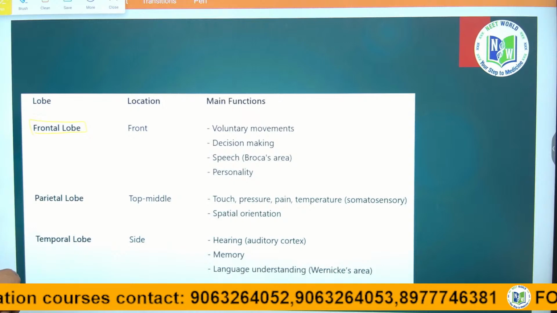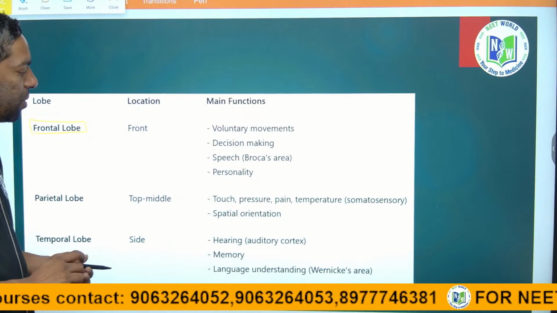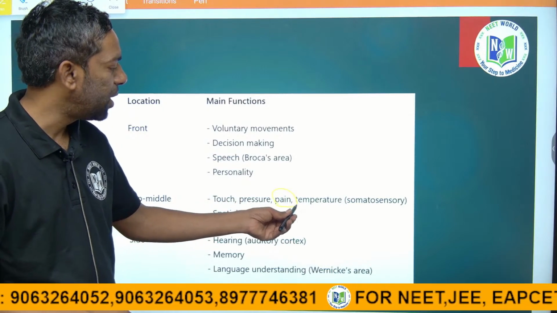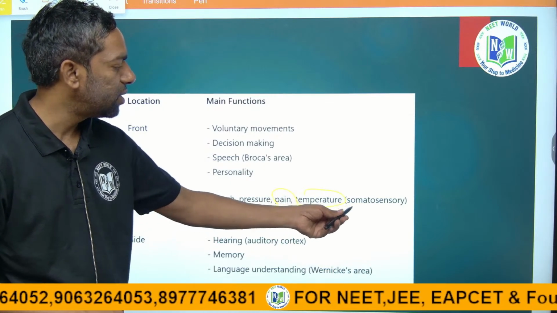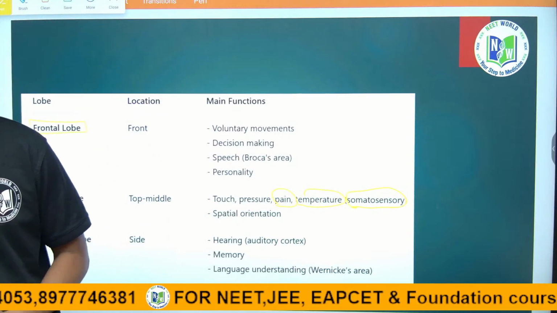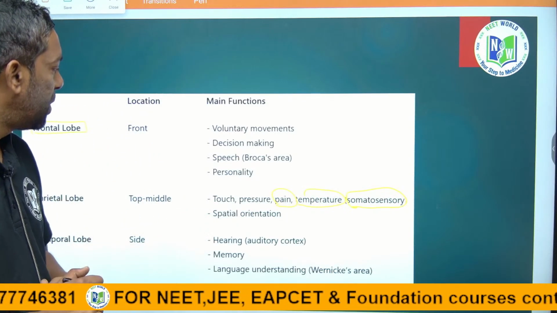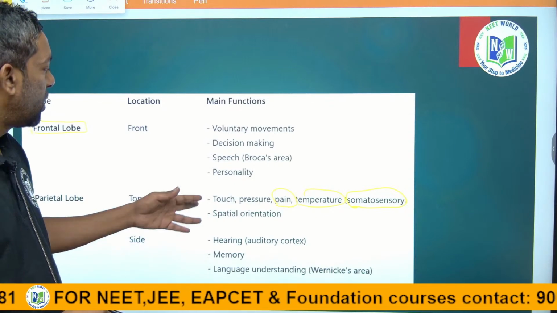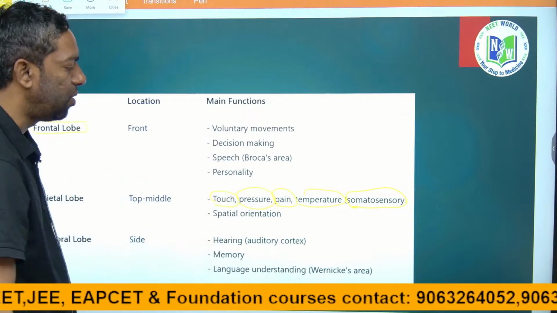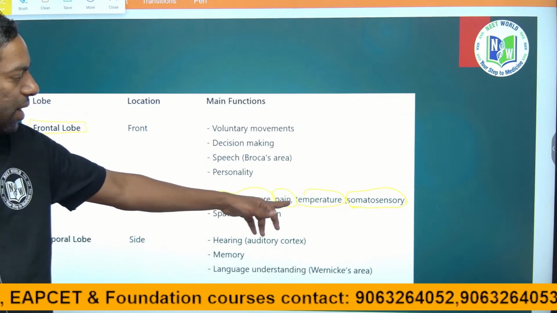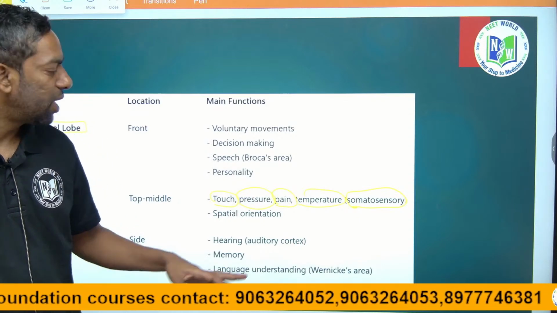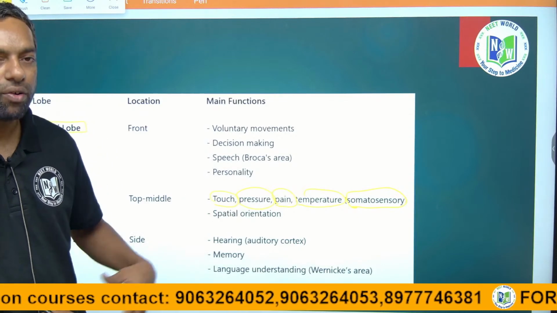Parietal lobe: we can sense temperature and pain. There is the somatosensory area: touch, pain, temperature and pressure all come under the parietal lobe. The associated area decides what action is going to take place.